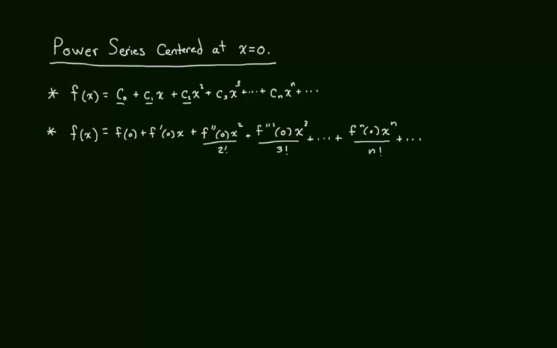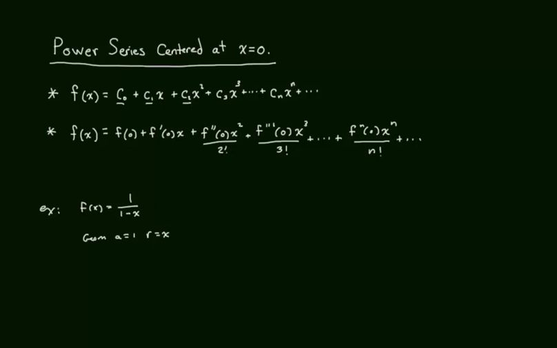So anyway, let's take a look at an example. We looked at a function, let's say f of x equals 1 over 1 minus x. We recalled that that was geometric, where a1 was equal to 1 and r is equal to x.